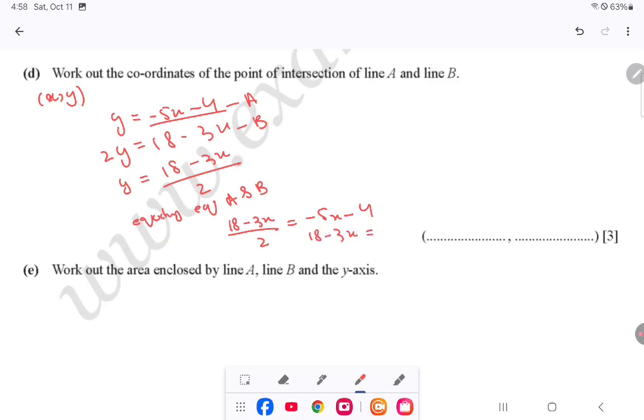If we multiply both sides by 2, 18 minus 3x equals negative 10x minus 8.